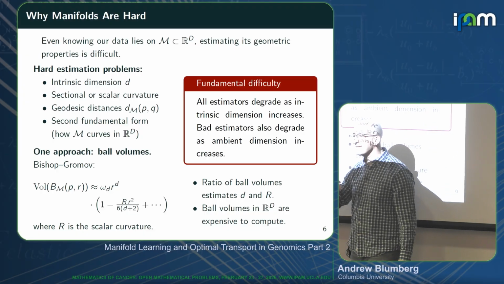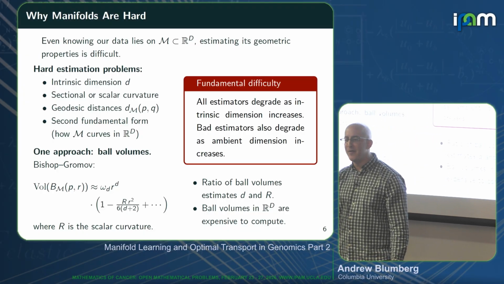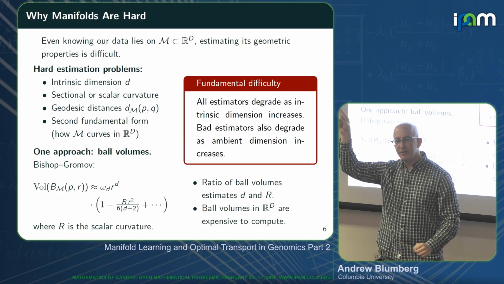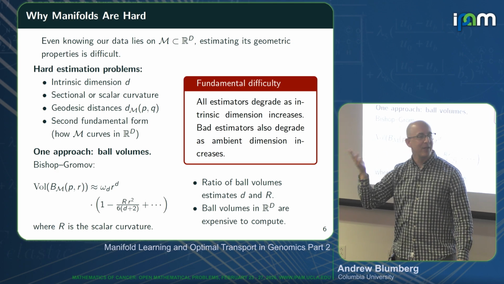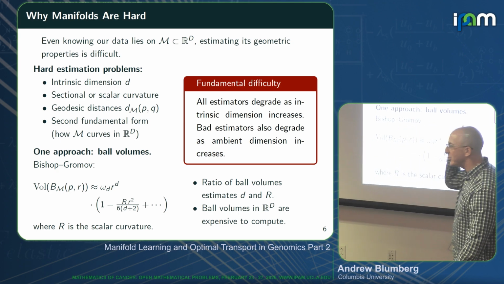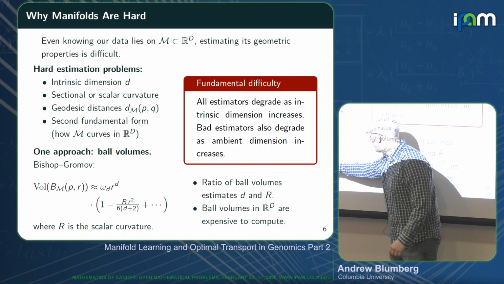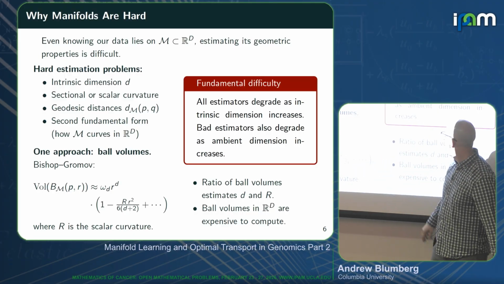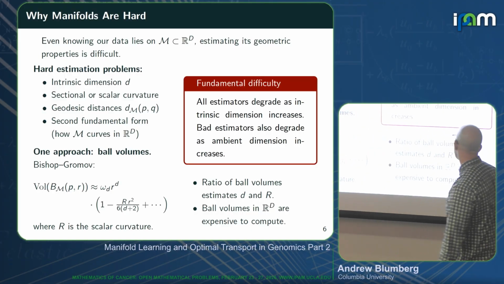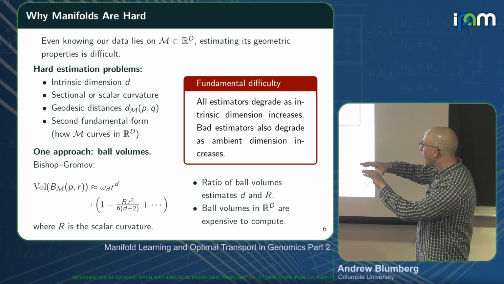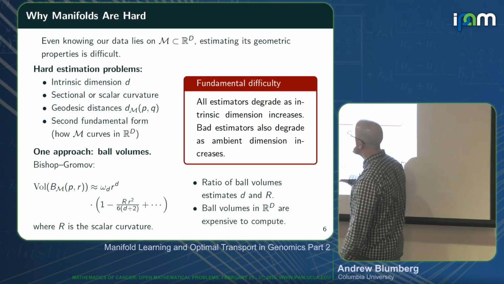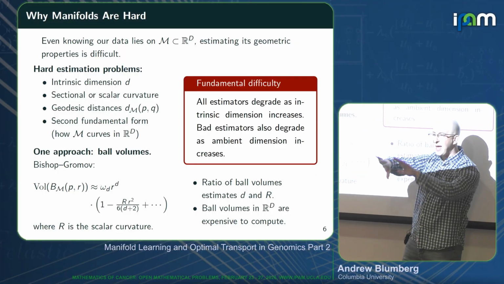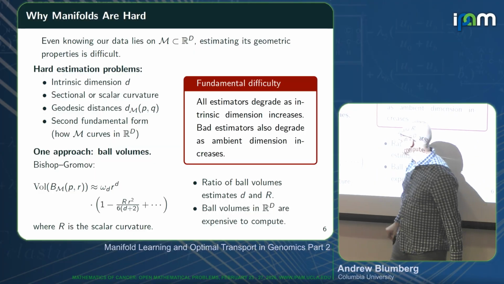In 50 dimensions, I don't know, but it's proportional to r to the 50. So I take the log, and I do a regression, and the slope of that line is something like the dimension. That's a dimension estimator. If I look at the next term, you can estimate the curvature if you can get ratios of the ball volume to the ball volume in Euclidean space. Good estimators of these things depend only on the intrinsic dimension. Bad estimators depend on the ambient dimension, in which the manifold is embedded.